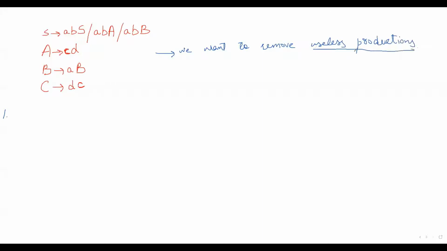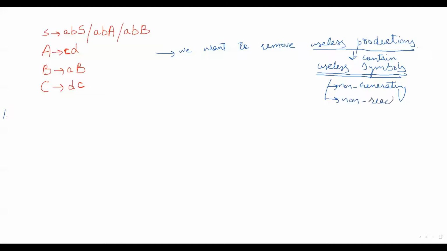Useless productions are those which contain useless symbols, and there are two types of useless symbols: non-generating and non-reachable. First, we find the non-generating symbols, also called non-terminating.